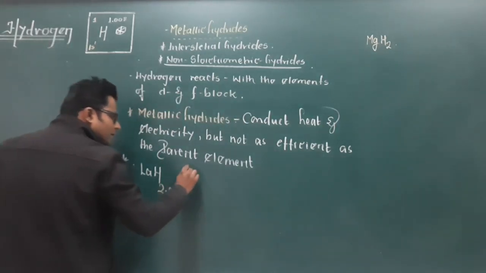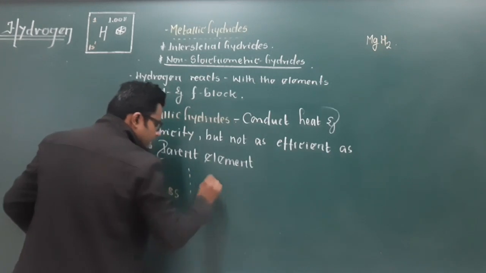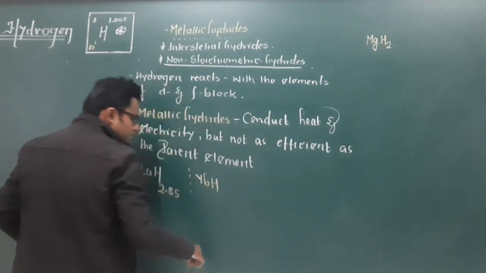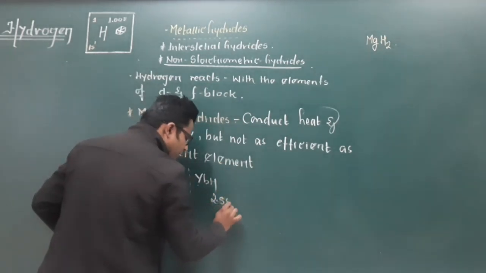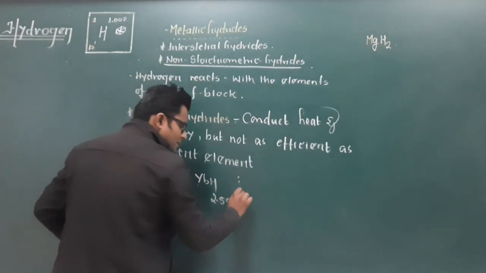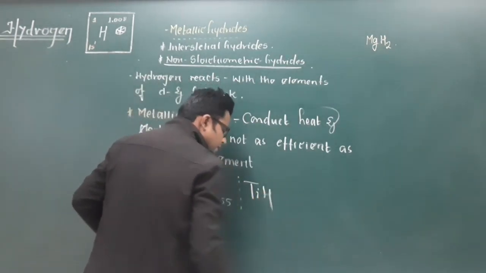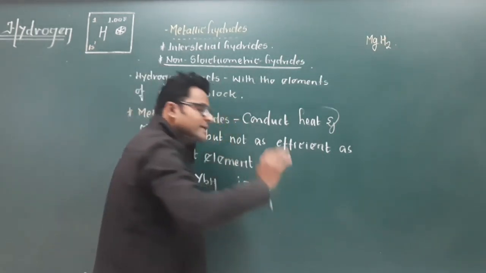The second example we can have is yttrium hydride. In this particular case, it is 2.55. The third example we can take is titanium hydride. In this scenario, the proportion of hydrogen is again not fixed.